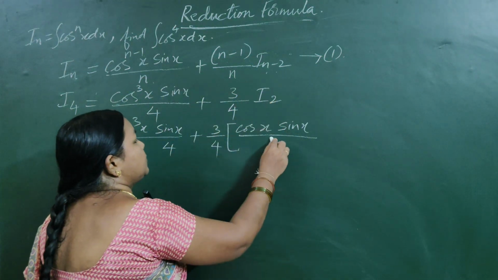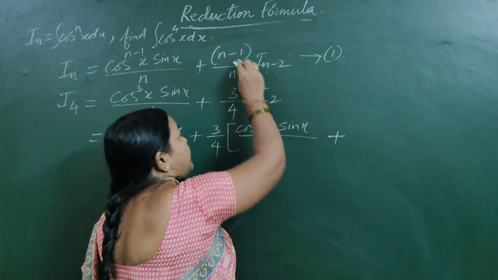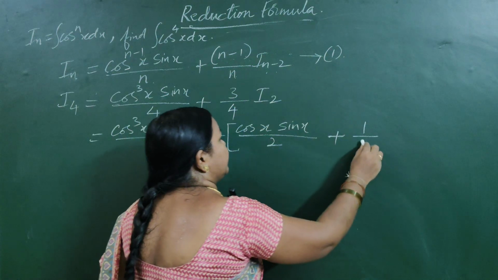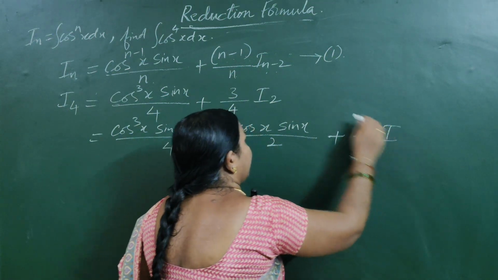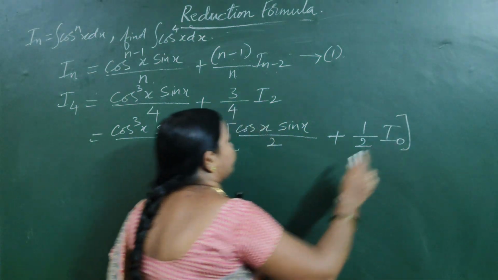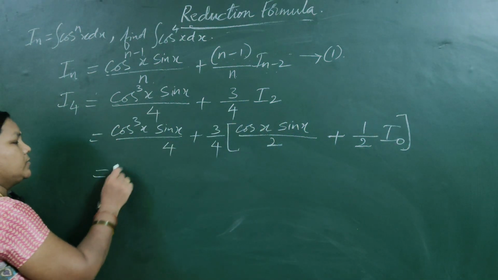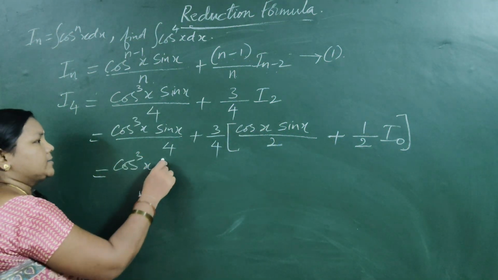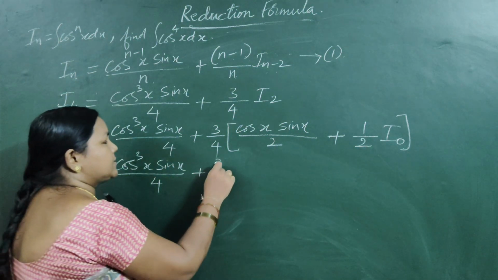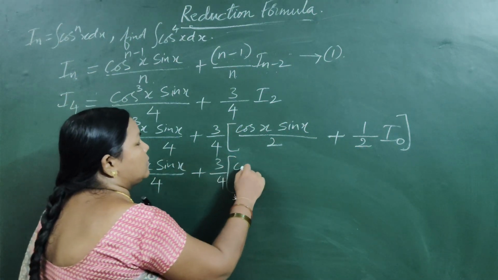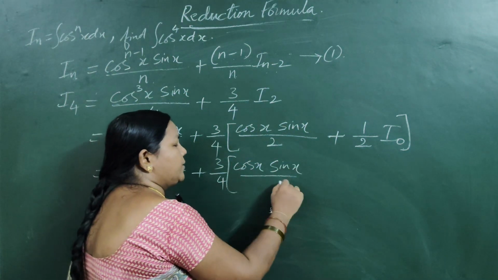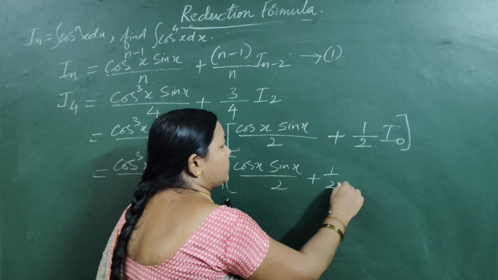Here the n value is 2, plus n minus 1, 2 minus 1 is 1, by n which is 2, I n minus 2, 2 minus 2 is 0. So I 4 equal to cos cube x sin x divided by 4 plus 3 by 4 into cos x into sin x divided by 2 plus 1 by 2 I 0.